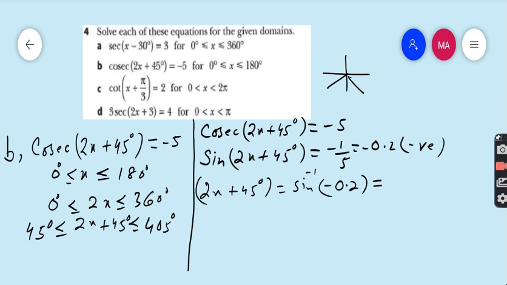Sorry for this. Now we need to find all angles which are in the given domain, from 45 degrees to 405 degrees.